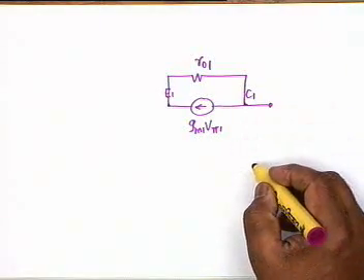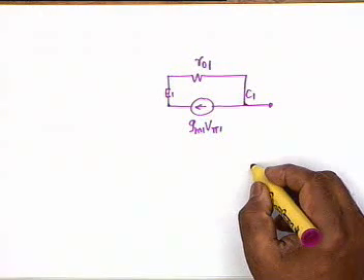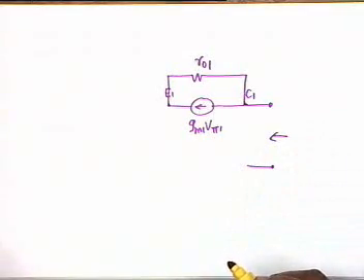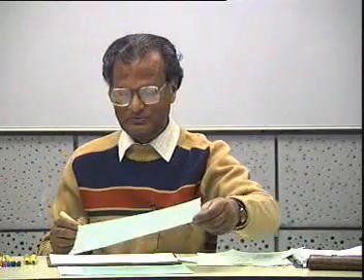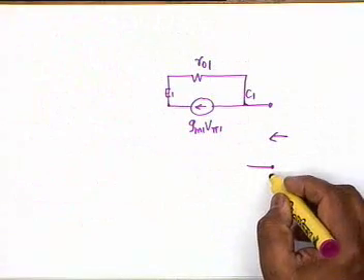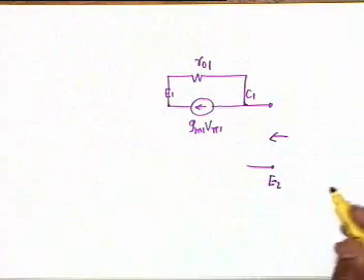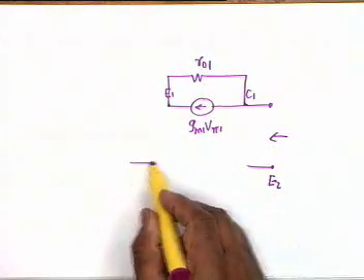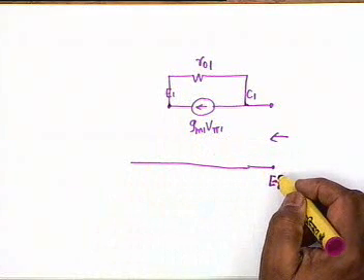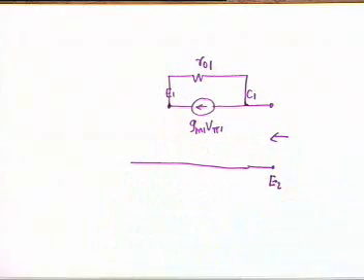Then from C1, the resistance is between C1 and what? Which terminal? E2. Between C1 and E2, what is the effective resistance? So this is E2 and this is the impedance that we want to calculate. I beg your pardon, this is not E1.